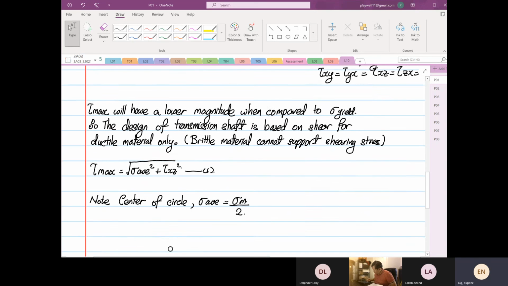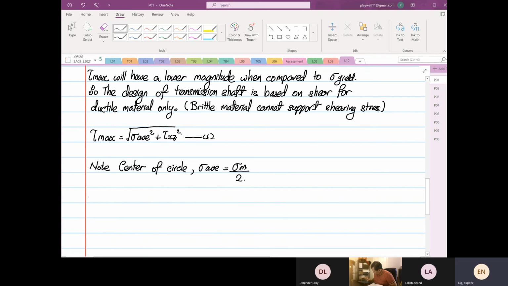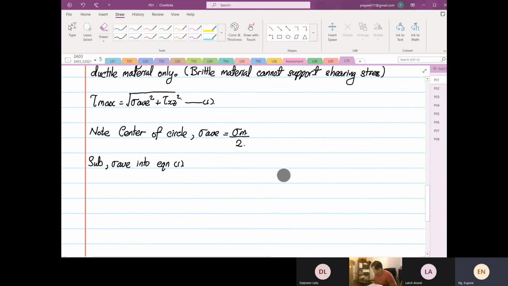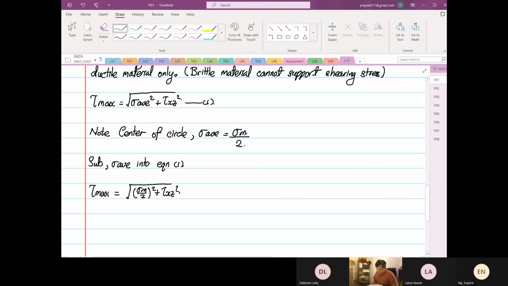So we are going to substitute the stress average into equation 1. Tau max is equal to the square root of the stress induced by bending divided by 2 squared plus the shear xz squared. I'm going to call this equation number 2.